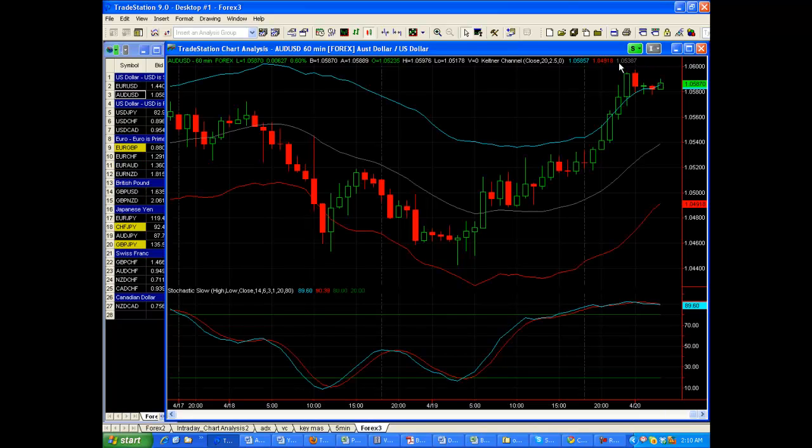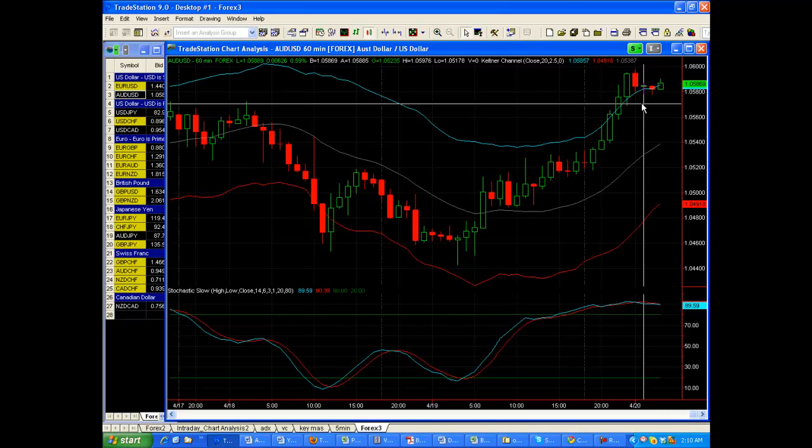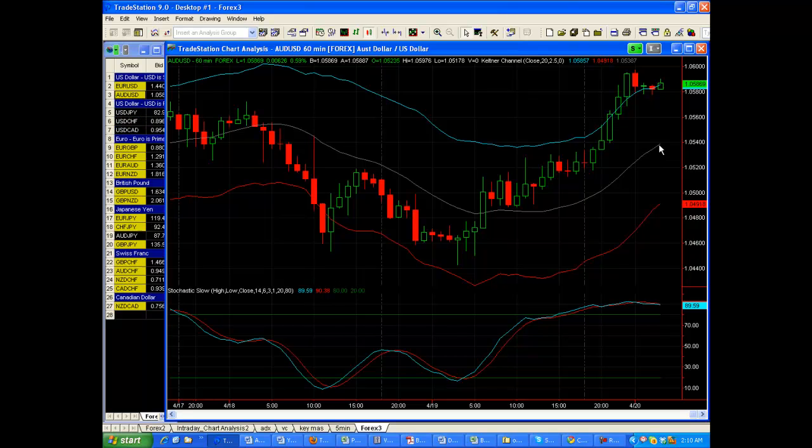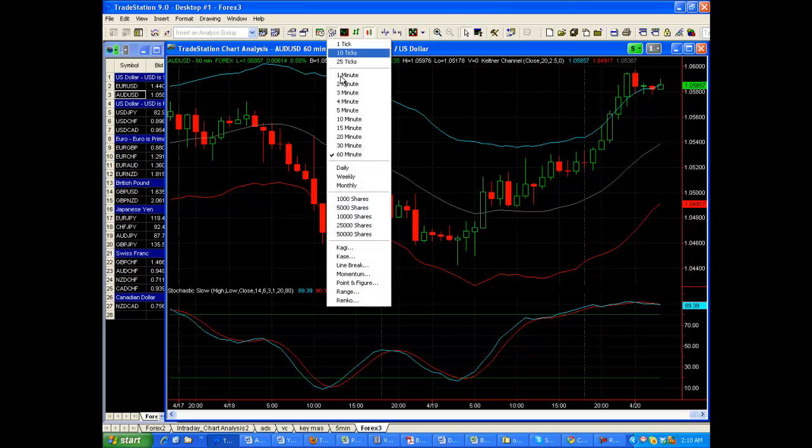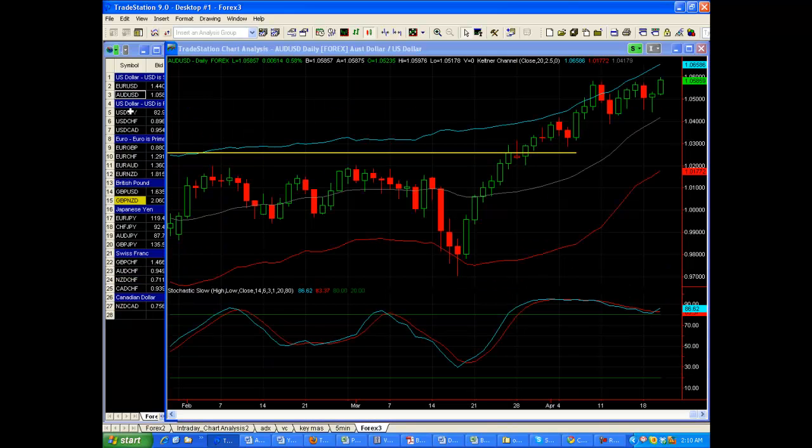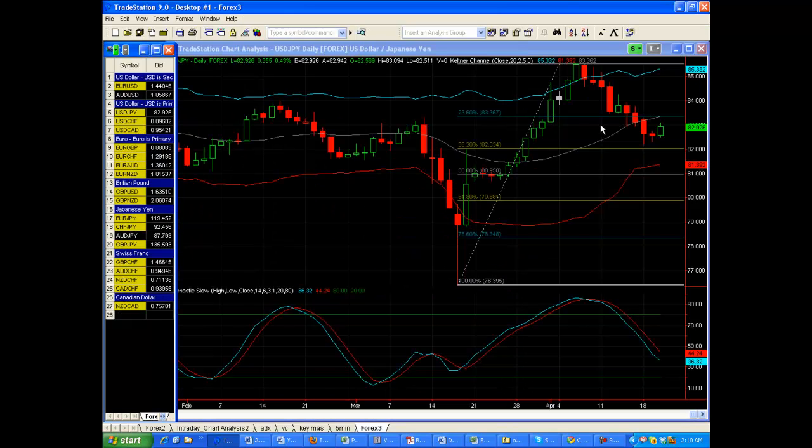On the 60-minute, if it could get a pullback back to the mid-line of the Keltner, and then get confirmation to the upside, that would be, in my opinion, a signal to see if this one can get a break. The yen looks like it may want to test the moving average.